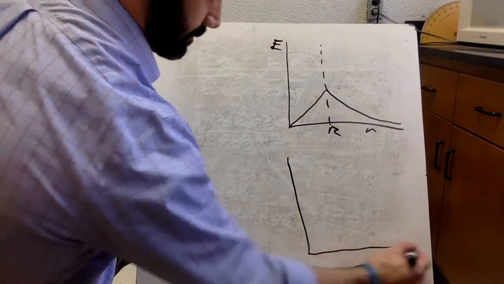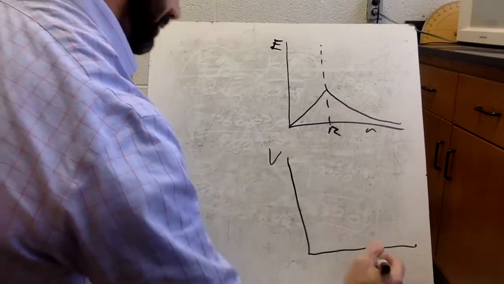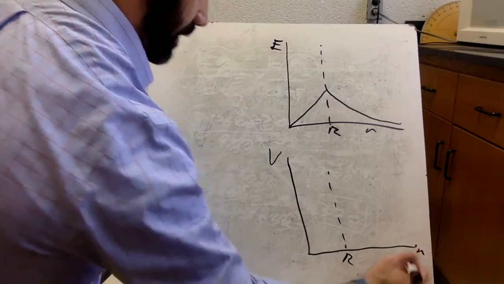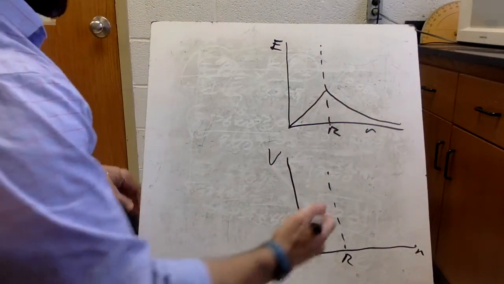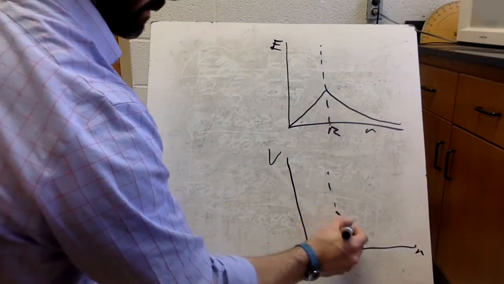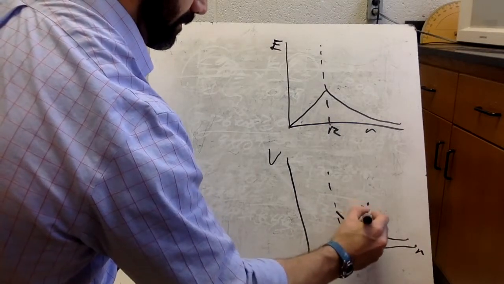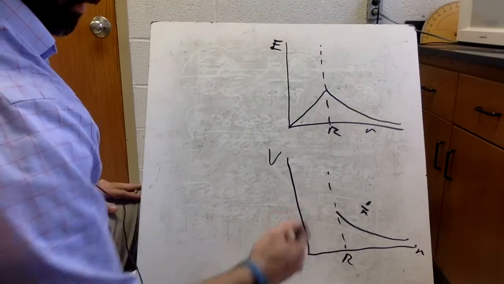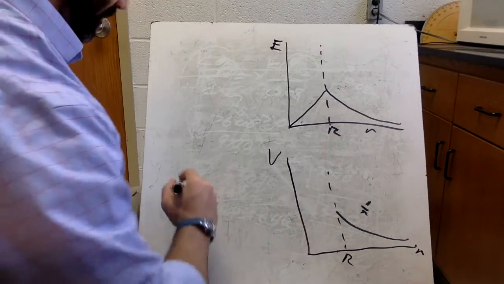V, though, the electric potential, is going to look like this. So here's R, that's big R. This axis is the r axis. Outside it's going to be given by 1 over r. It's proportional to 1 over r. But this thing in here is that kind of nasty formula that we had before.